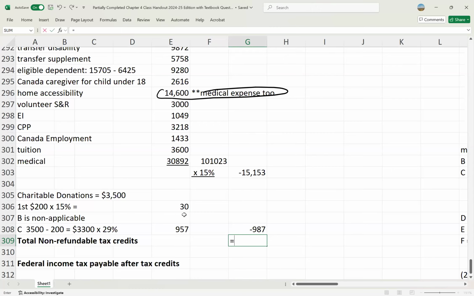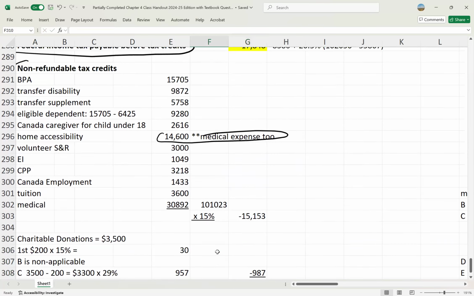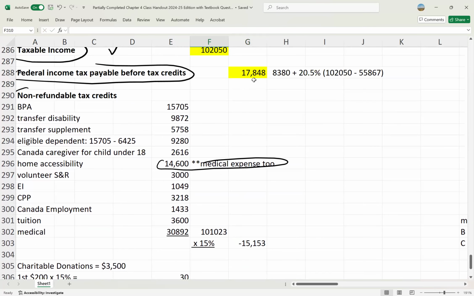So this would actually be the total tax credits. So let me just add these two together. So that would be the total tax credits, 16,140. That's the 15,153 plus the 987. I'm just going to move this one over then. Move this over here.